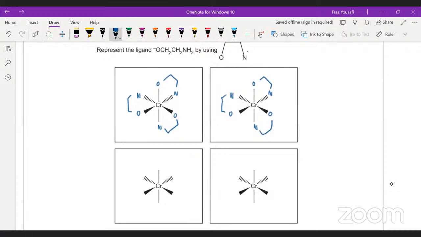Now the other one would look like this. Right, that's one. And then its exact mirror image would be the other.